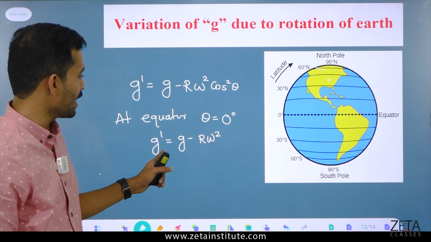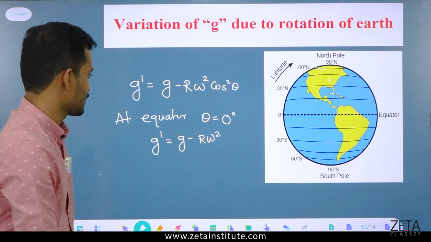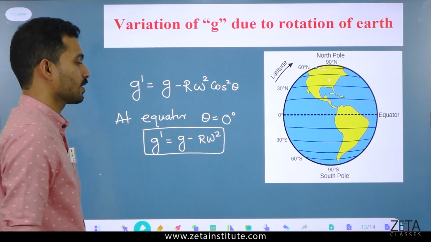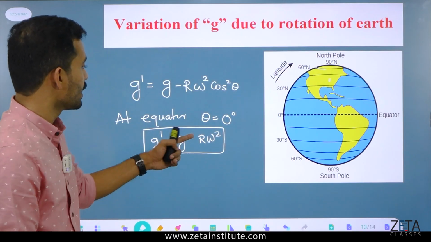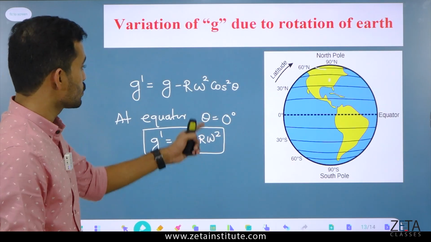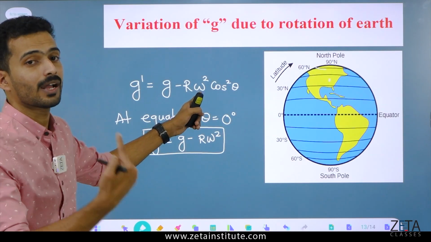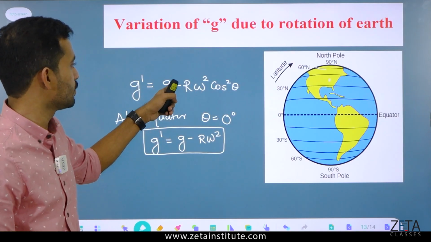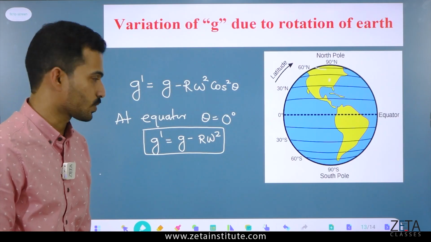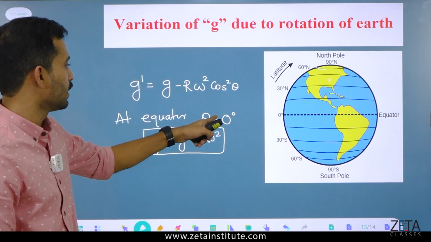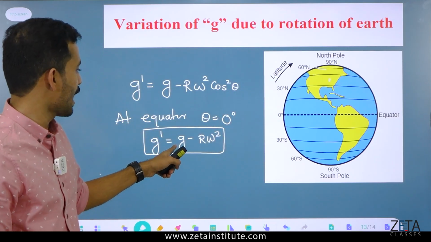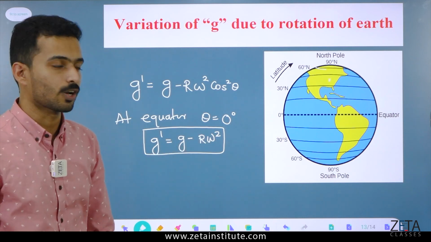So g dash is equal to g minus R omega square. So at the equator, the value of acceleration due to gravity is given by g minus R omega square. Here omega is the angular velocity of rotation of earth.